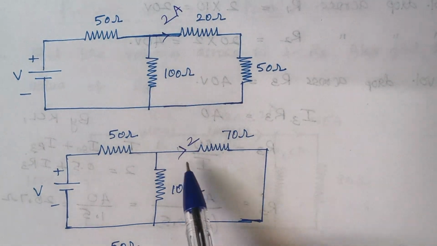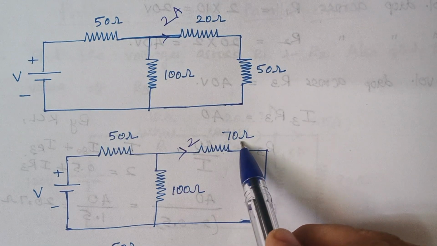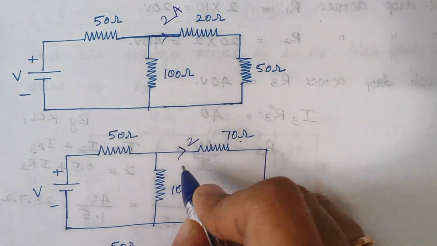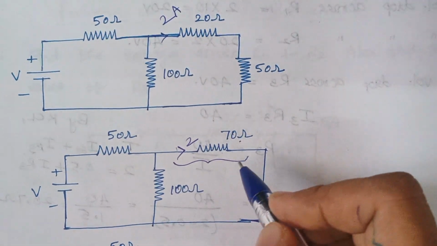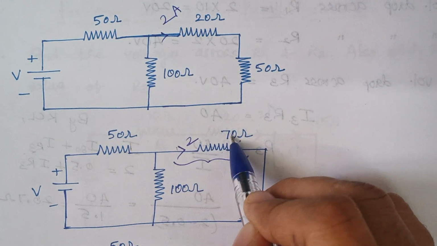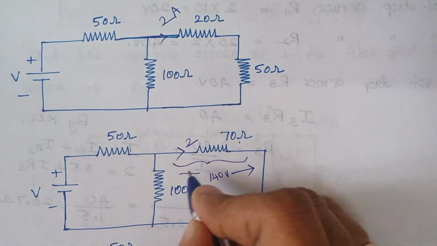Then what about the voltage drop across this 70 ohm resistor? Can you guess? Here the voltage drop across this 70 ohm resistor is, by Ohm's law, I into R. So this is your I and this is your R. Therefore, the voltage drop across this element is 140 volts here.